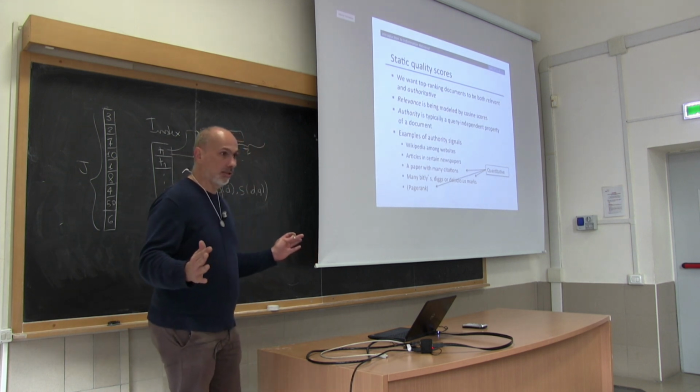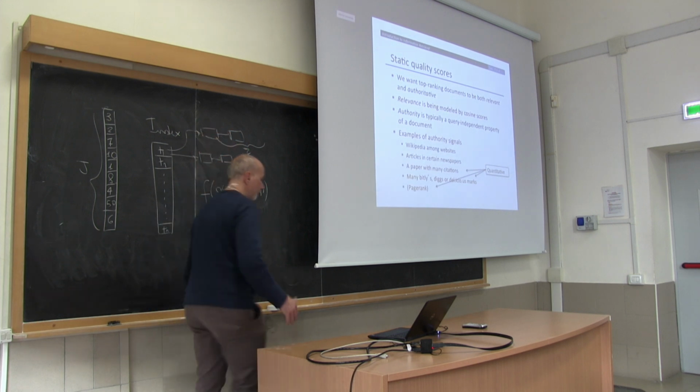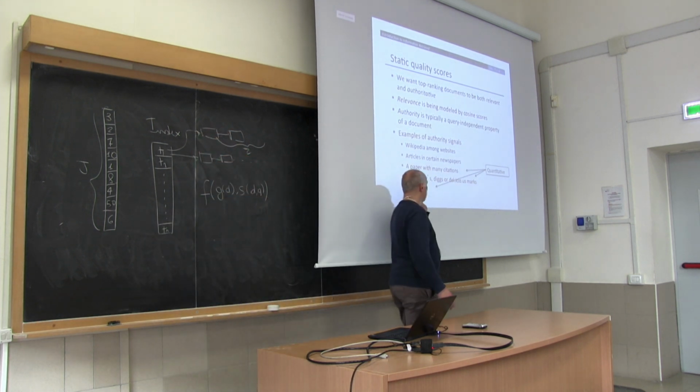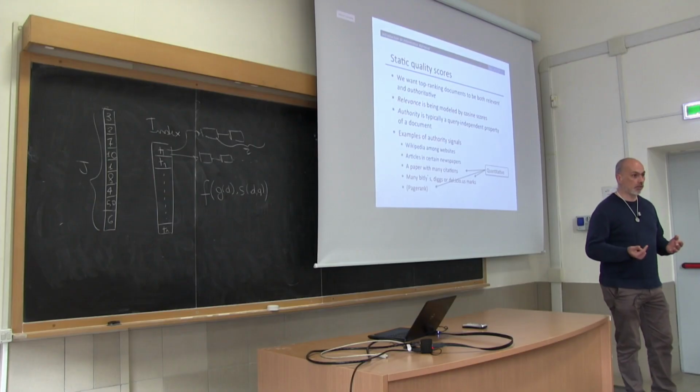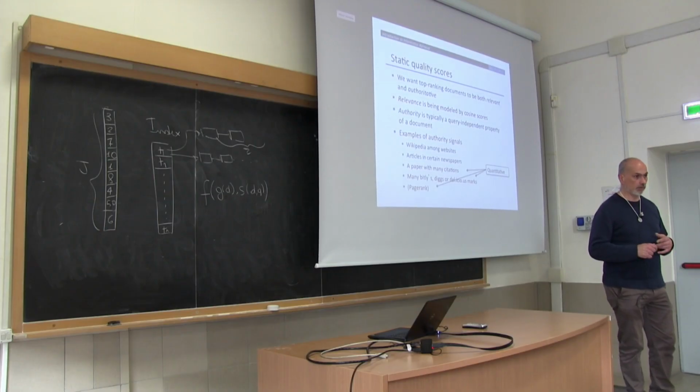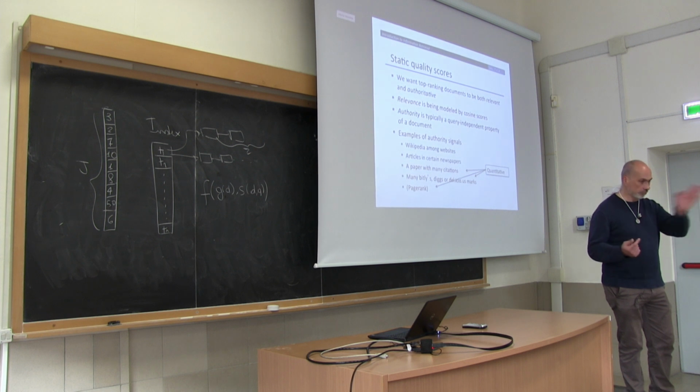Is it clear? One such measure, of course, is the famous or infamous PageRank. We will see it. To compute PageRank, you do not need information about pages. You need information about their hyperlinks. That's all, and it's query independent. But there are other ways of measuring the authoritativeness of a page. For example, there are some repositories of authoritative web pages for given topics.